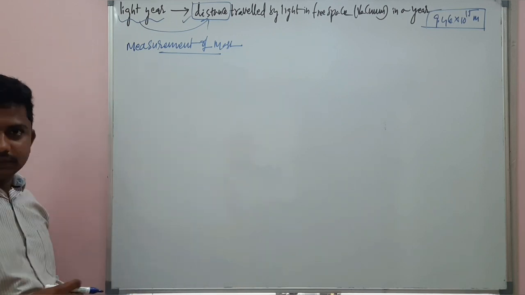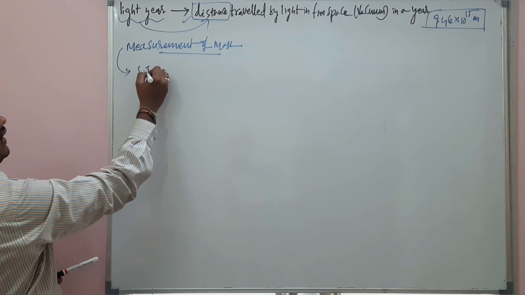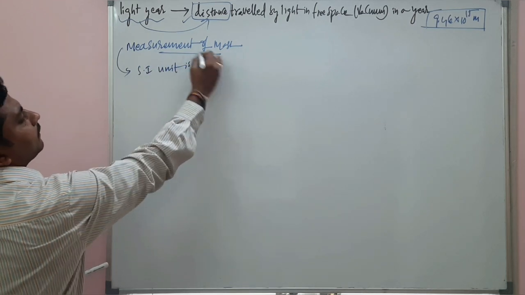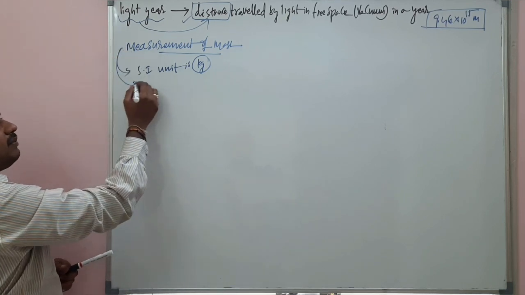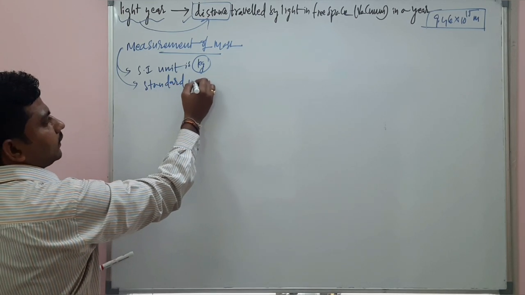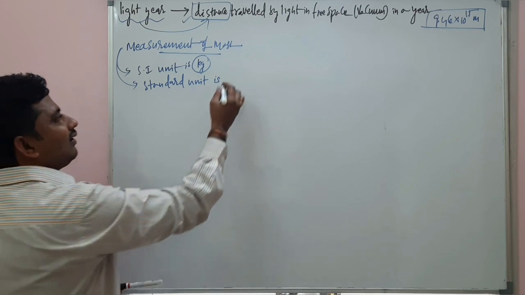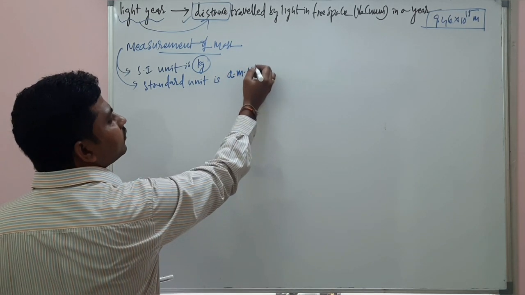Measurement of mass. We know the SI unit of mass is kilogram. There is also a standard unit of mass. The standard unit is, carefully say, AMU.